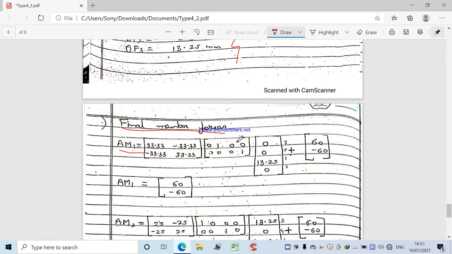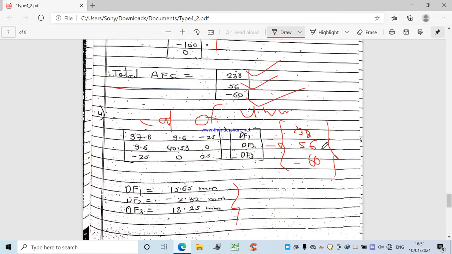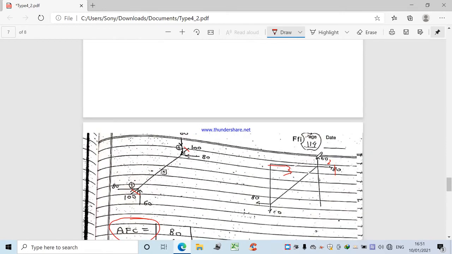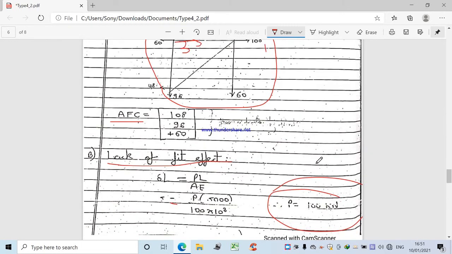This CXCY, this value we have to consider. Then 7, 8, 1, 2, this coordinate we have to consider, and along with that 60 and minus 60. What is the value of 60 and minus 60?